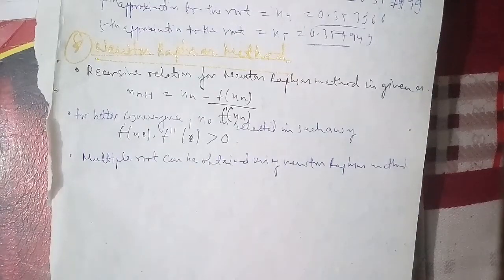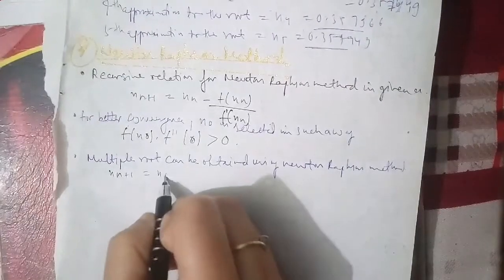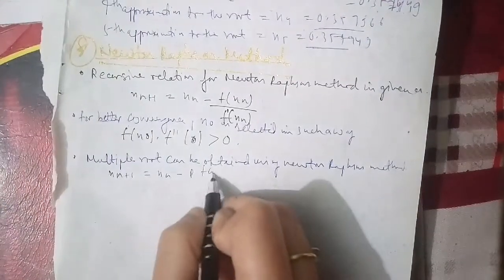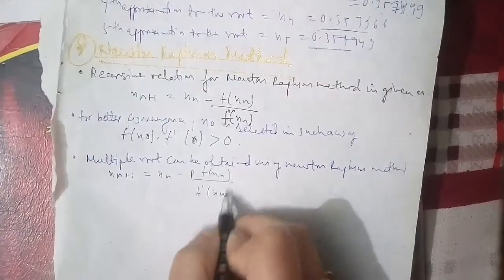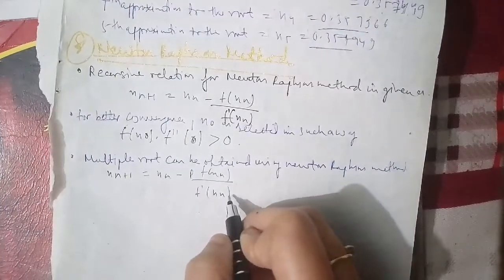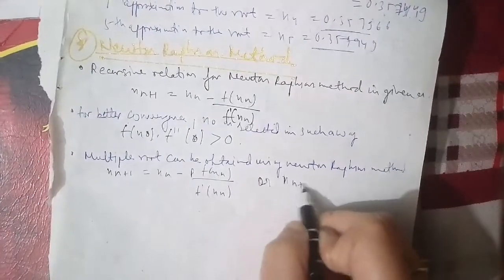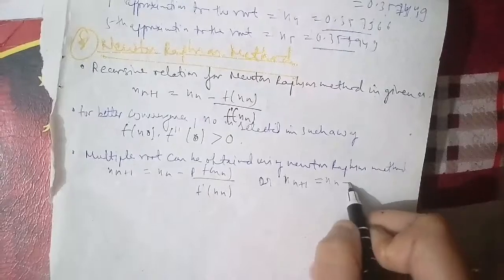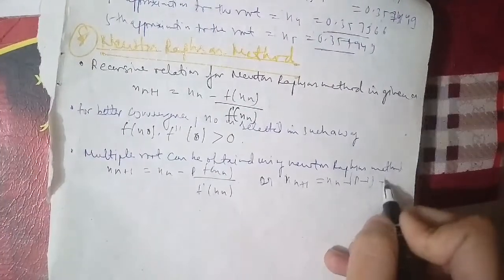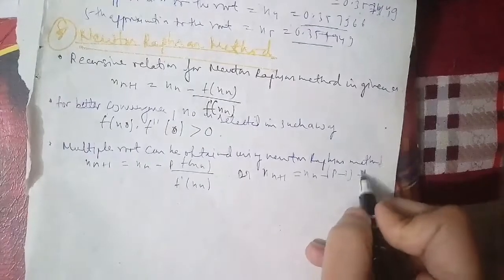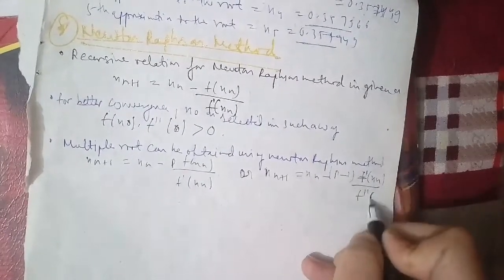The formula is x(n+1) equals xn minus p f(xn) upon f dash (xn), where p is the multiplicity of the root, or x(n+1) equals xn minus (p minus 1) f dash (xn) upon f double dash (xn).